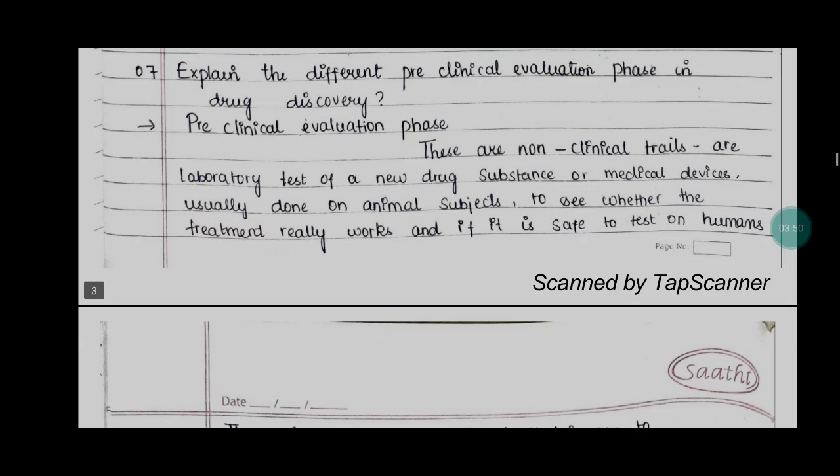So question number 7, explain the different preclinical evaluation phases in drug discovery. The preclinical evaluation phase consists of non-clinical trials, which are laboratory tests for a new drug substance or a medical device, usually done on animal subjects to see whether the treatment really works and if it is safe to test on humans.